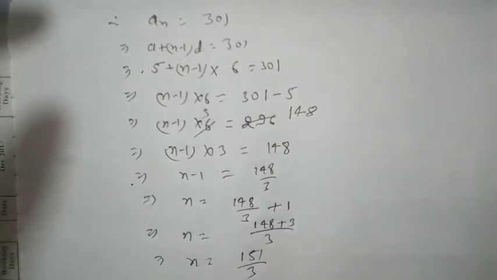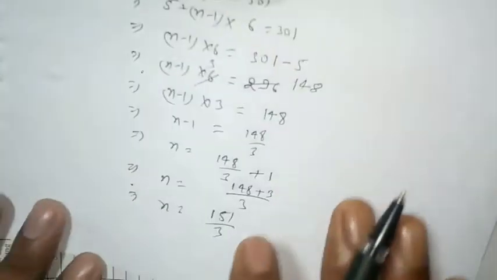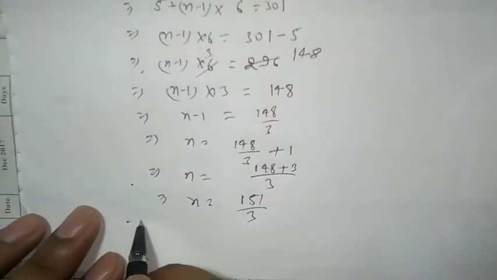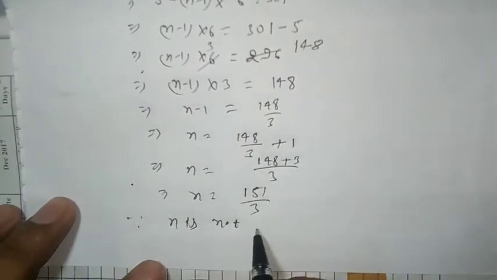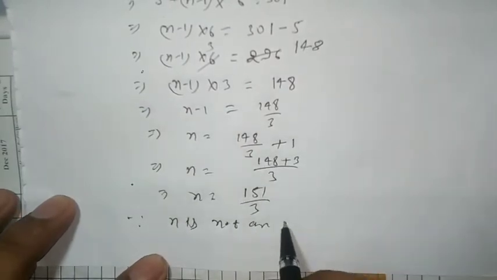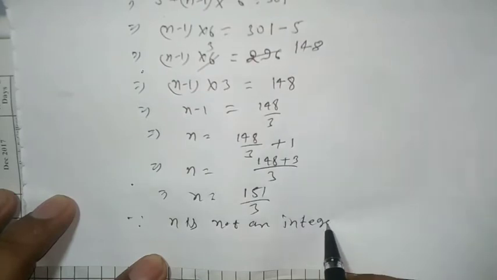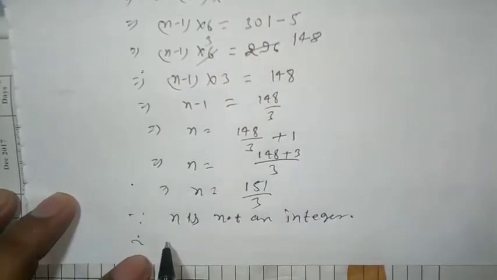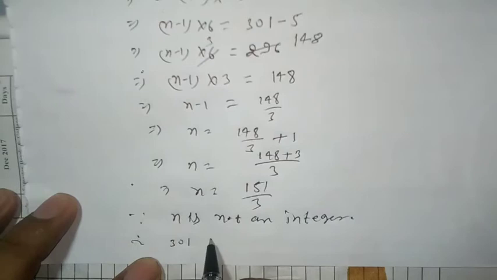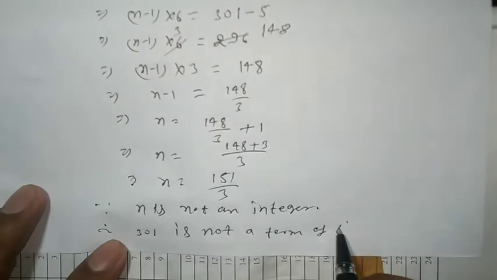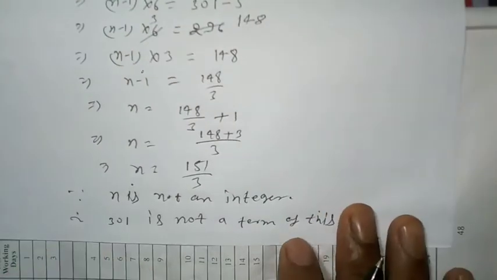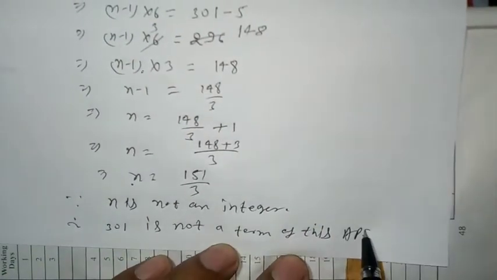Now we write, because N is not an integer, therefore 301 is not a term of this AP. Answer.